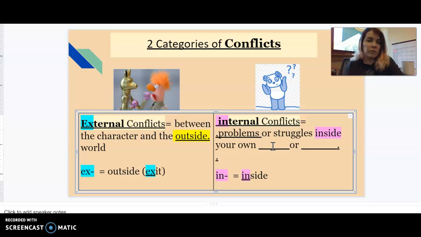So any problems or struggles that take place inside your own heart, your own mind, other people can't see them. That is internal. Okay, plug that in. Great. So if you still need to fill out this page, just go ahead and hit pause. Otherwise, we are going to move on.